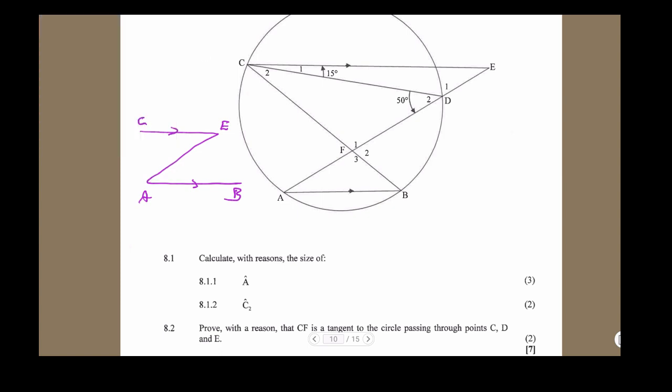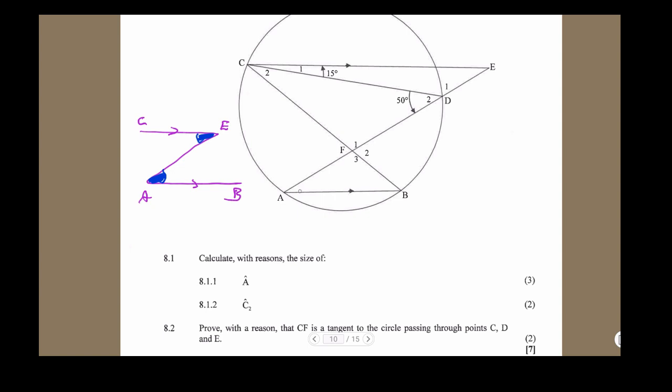This angle here, which is angle E, is going to be the same as this angle here, using alternating angles. These two angles are the same, forming the Z shape when the two lines are parallel.